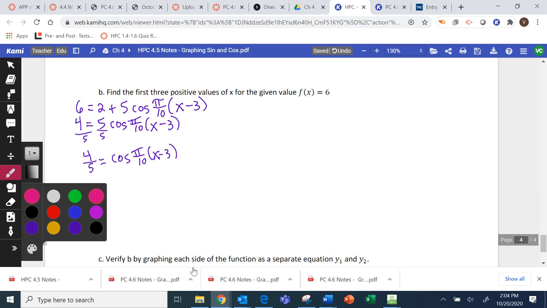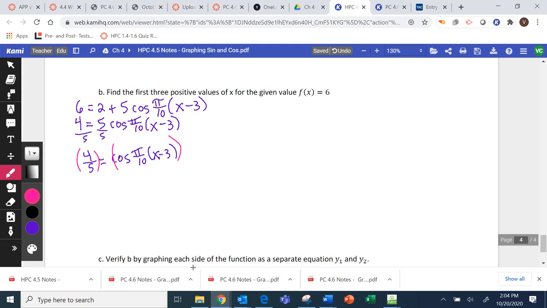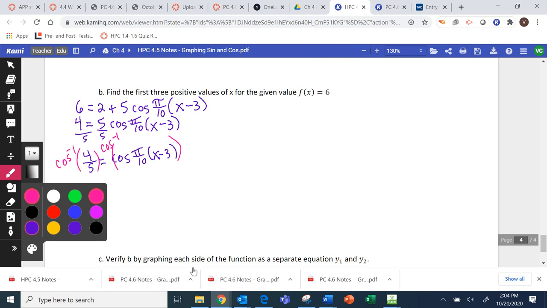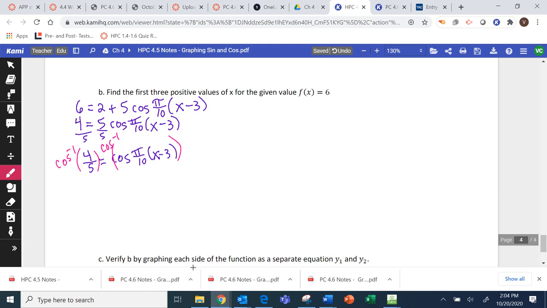Inverse cosine is the only thing that undoes cosine. So to both sides, I'm going to take inverse cosine. Now, I'm not typing in my calculator yet because I know I'm going to have to type other stuff in. I'm just going to write inverse cosine 4/5 equals, now that cancels the cosines on that side, and I get pi over 10 times x minus 3.